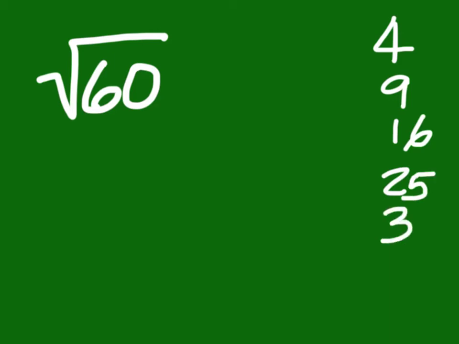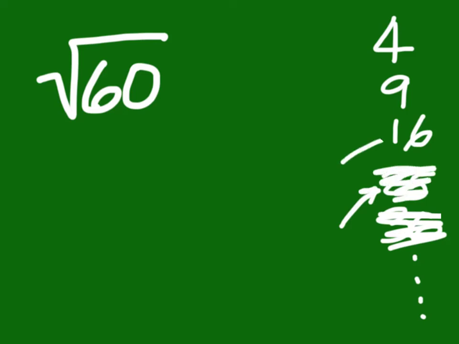Square root of 60. We have 4, 9, 16, 25, 36, and so on to choose from. Half of 60 is 30, so we're not going to use 36 or anything thereafter. Will 25 go into 60? No. Will 16 go in? No. What about 9?